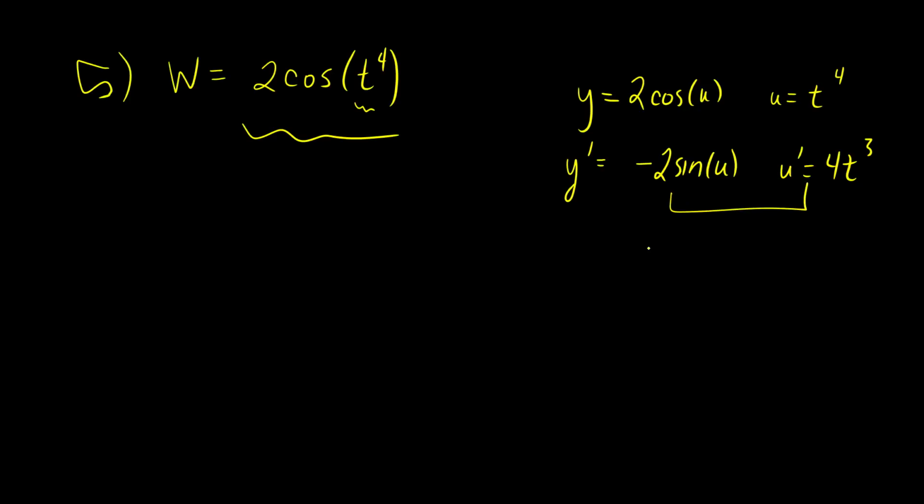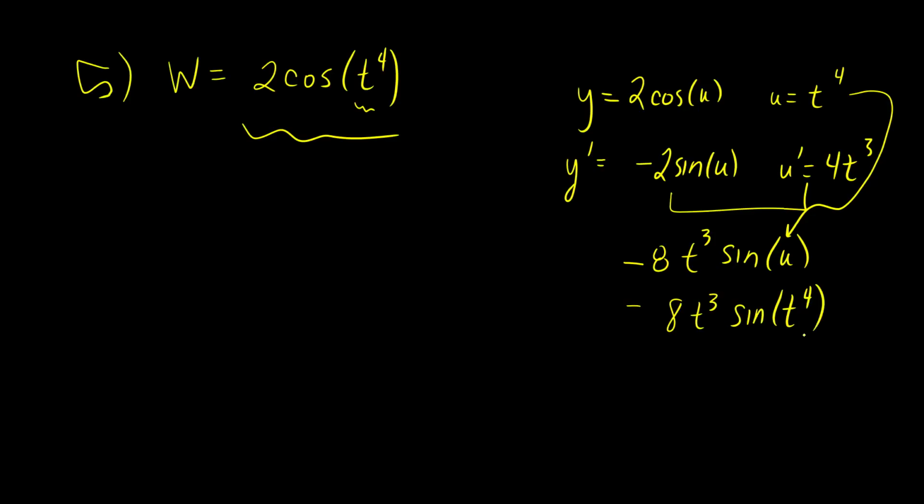Multiply these together, so that'd be negative 8t cubed sine of u. And don't you dare forget to substitute that back. So I get negative 8t cubed sine of t to the fourth as my final answer.